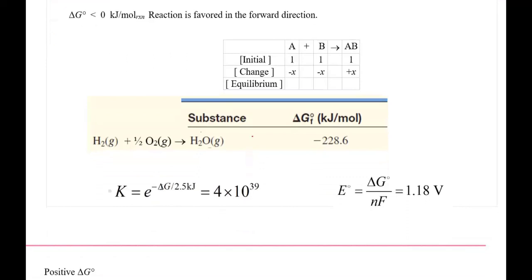If you take the delta G, the Gibbs free energy, negative 228, change its sign. This sign here is important. And divide by 2.5 kilojoules, you get e raised to that power. This is going to be like e raised to 100. And your K, your equilibrium constant, is 4 times 10 to the 39.